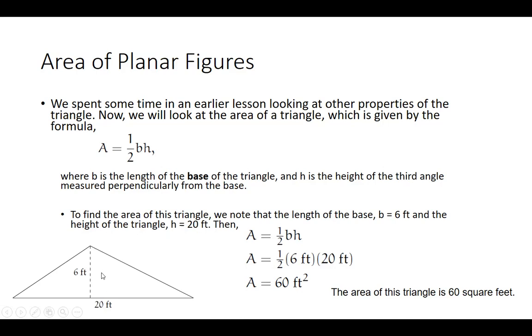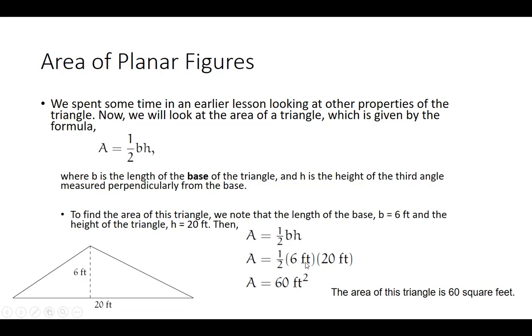I think that makes a lot more sense. But base and height are interchangeable because we're going to multiply them together anyway. So we plug in 6 for base, 20 for height, or 6 for height and 20 for base. It does not matter.